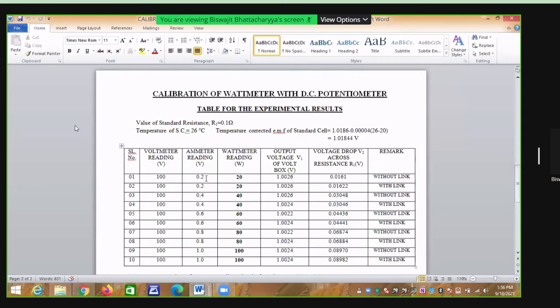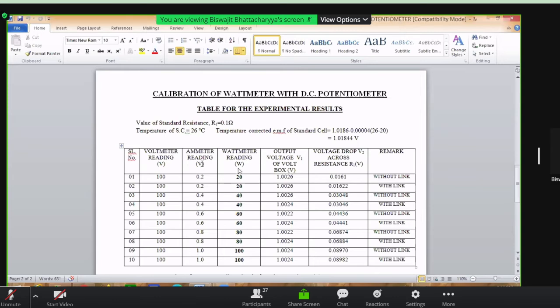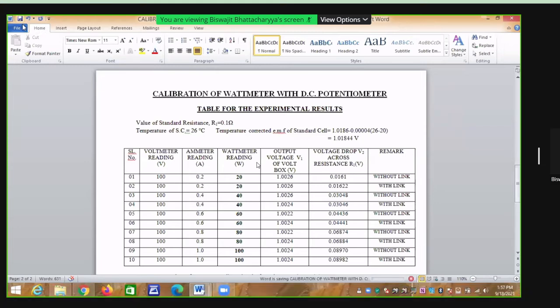Ammeter reading should be A, not V. So ultimately it is 0.2 into 100, 20 watt is the wattmeter reading we are setting.